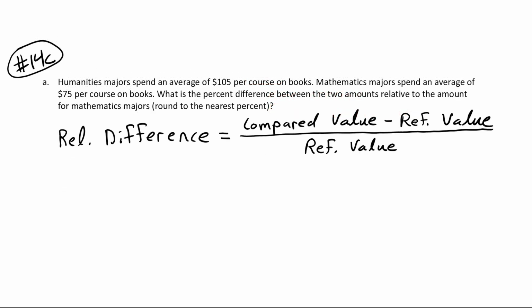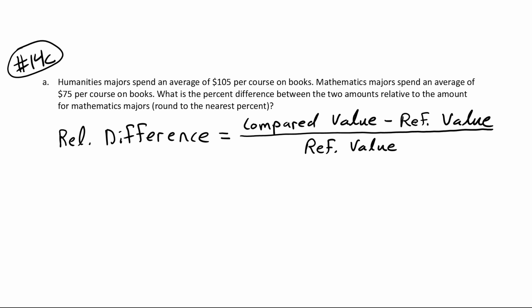Here we're looking at a question that revolves around the relative difference between two values. In this case, it says humanities majors spend an average of $105 per course on books, and mathematics majors spend an average of $75 per course on books. So what is the percent difference between the two amounts relative to the amount for mathematics majors?